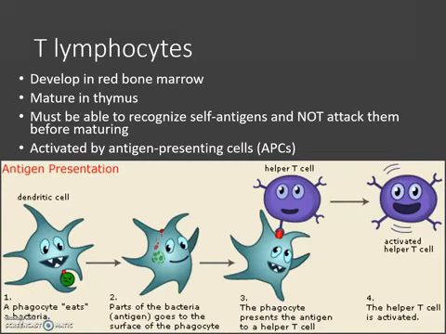Once they are mature, they have to be activated by something called an antigen presenting cell. These APCs are where the phagocytes come into play, because the phagocytes, like the macrophages and dendritic cells, are also able to serve as these antigen presenting cells.